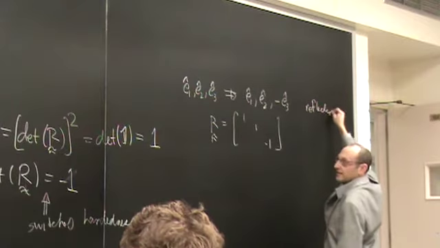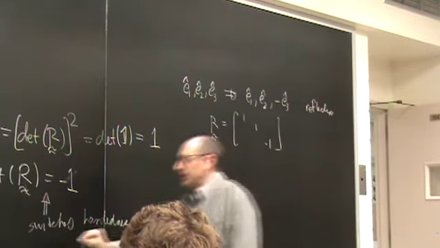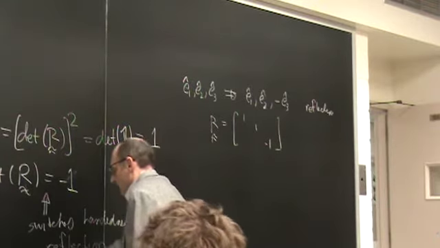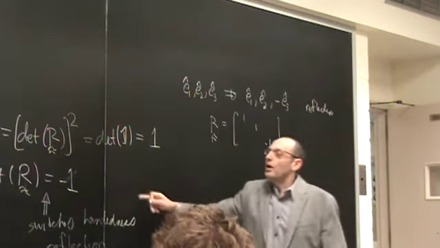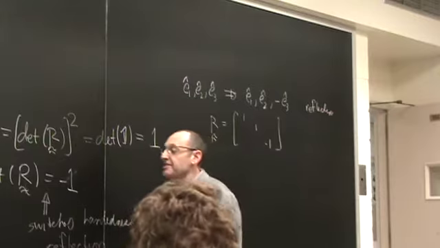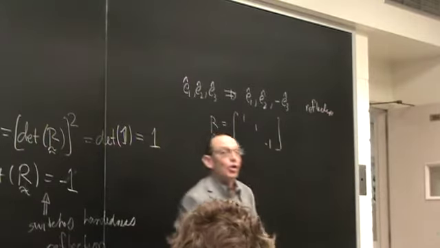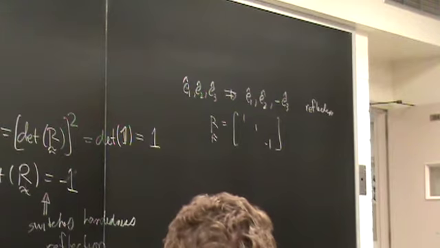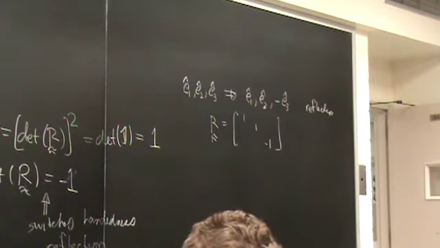So a reflection, not a rotation, or some combination of reflection and rotation, will be a transformation which changes the handedness.